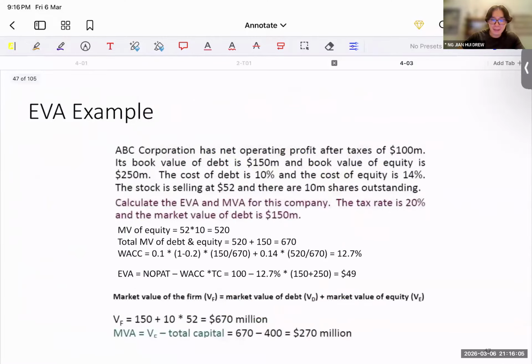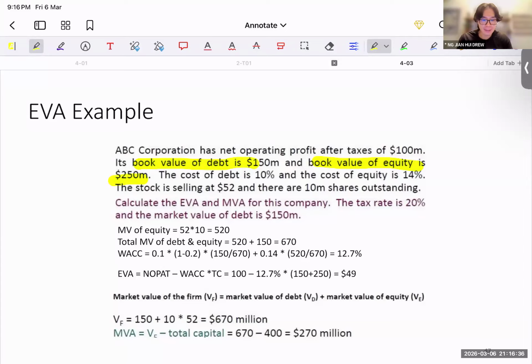Okay. We have one more example here before we go back to the slides that we skipped. ABC Corporation has a net operating profit after tax of 100 million. Its book value of debt is 150. Book value of equity, again I want to highlight what they are giving, is 250.